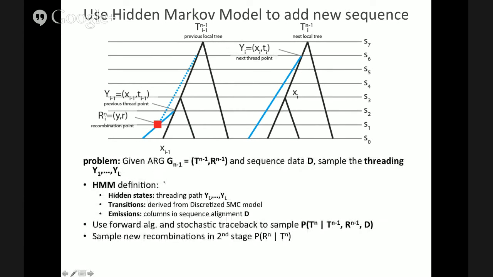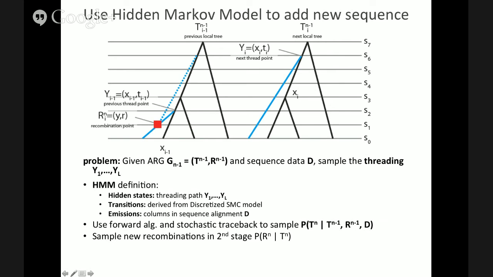And so this actually looks a lot like an HMM. Our hidden states are just the attachment point, this vector of Y's. The transitions can be derived from a discretized version of the SMC model. And again, the emissions are just columns in the sequence alignment. Okay, so what good is this HMM?